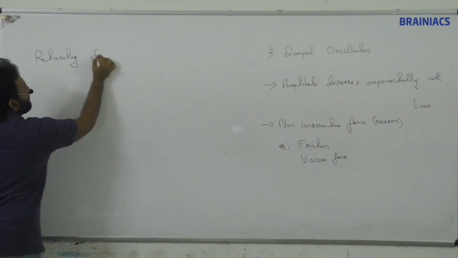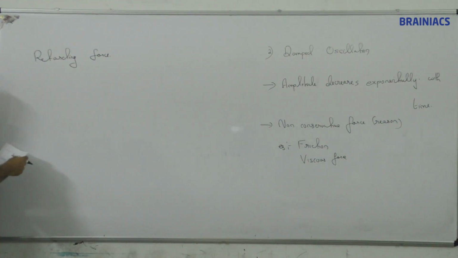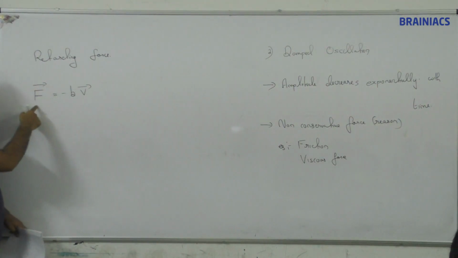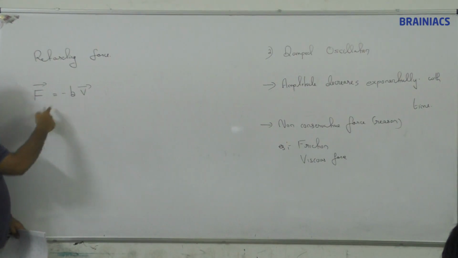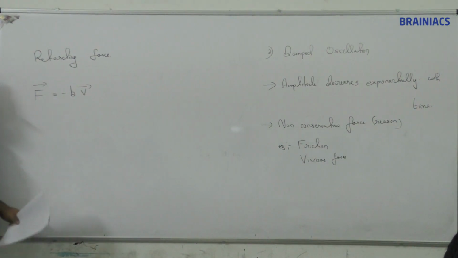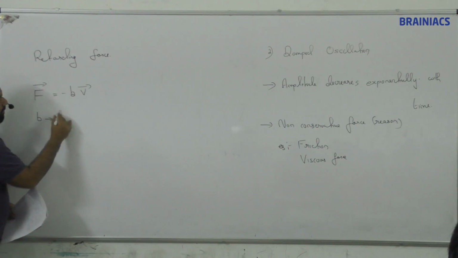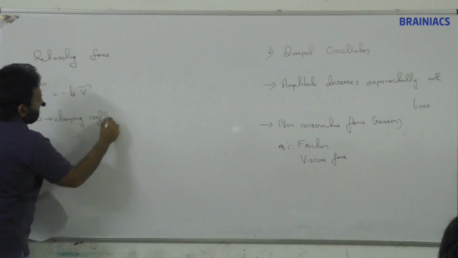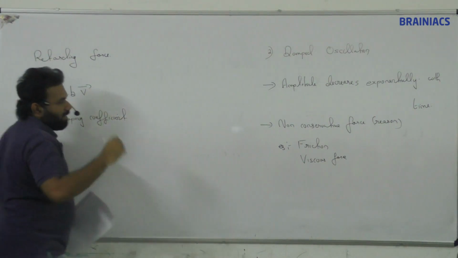Generally this retarding force F is equal to minus bv. This is force, this is velocity. This b is called the damping constant, the damping coefficient.